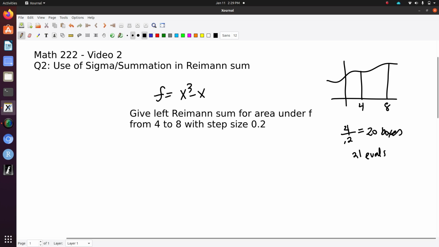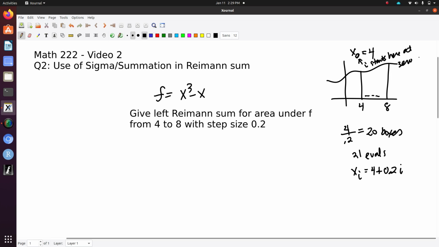So we're going to think about this. We're going to say, okay, you're going to start at x naught is equal to 4. And then for each of these other 20 evaluations, x i is going to be x naught, which is 4, plus 0.2 times i. So I'm going to start i at 0.